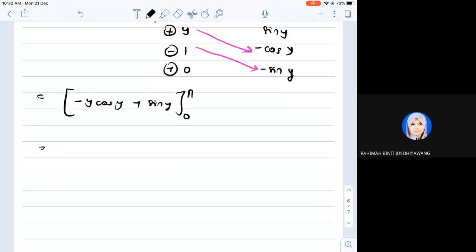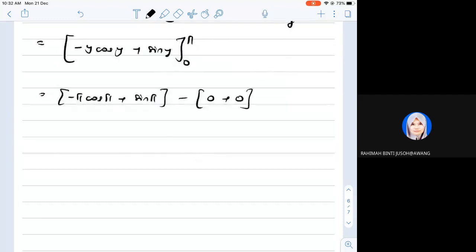Okay, so we will have negative pi cos pi plus sine pi minus 0 plus 0 lah, of course. Sine 0 is 0. All right, so negative. Okay, cos pi is negative 1. This one is 0. So we get pi. All right, so that's it.